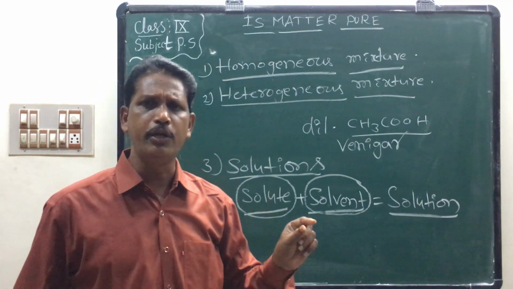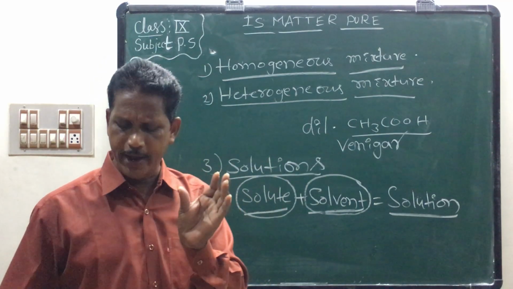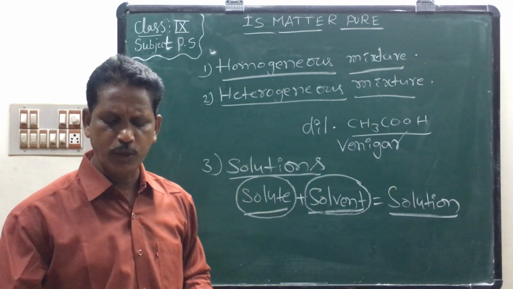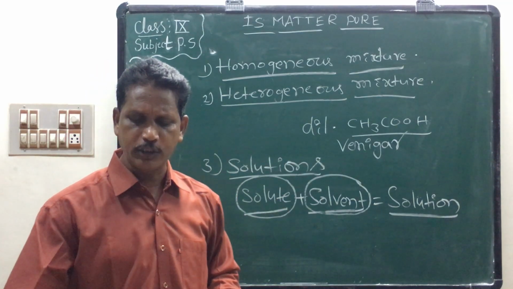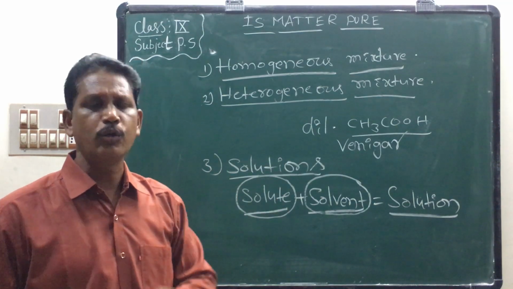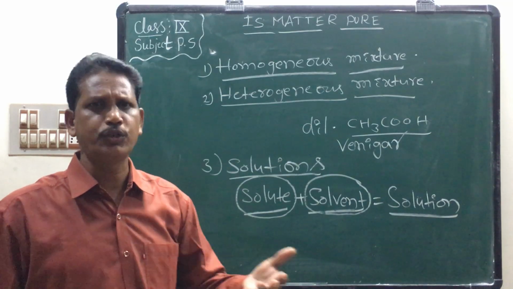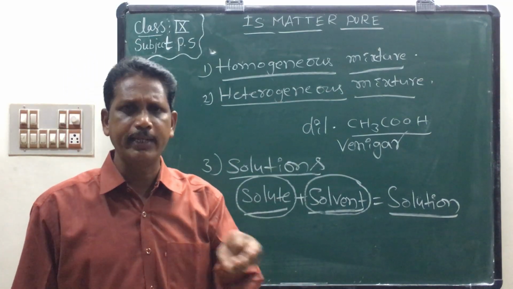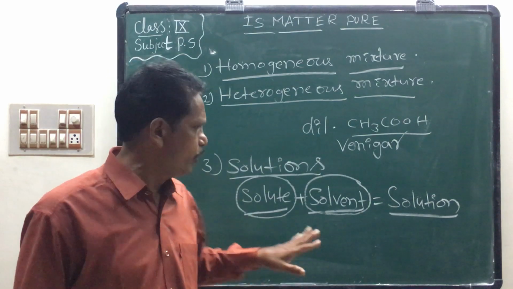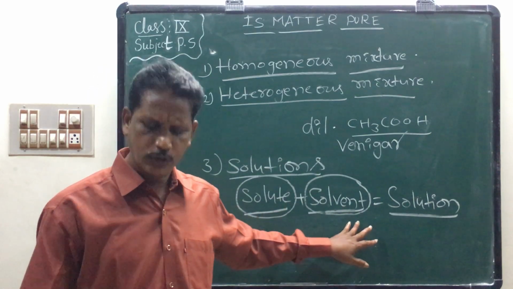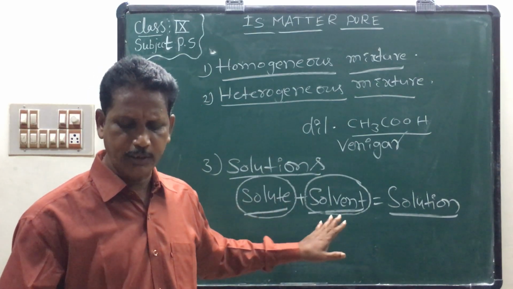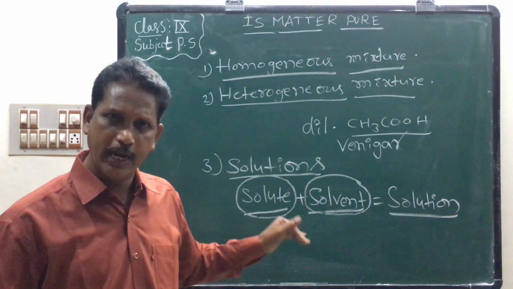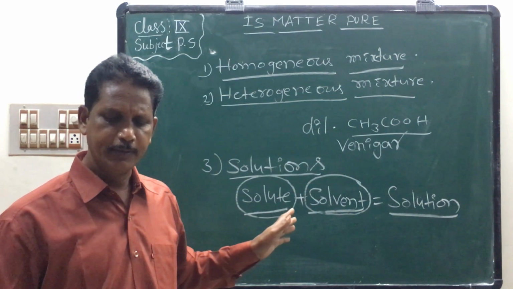Here salt is a solute. Water is a solvent. A solution of sugar is prepared by dissolving sugar in water. We add sugar in the water. Here sugar is a solute and water is a solvent.